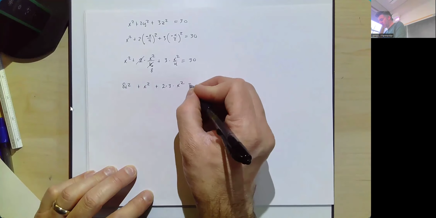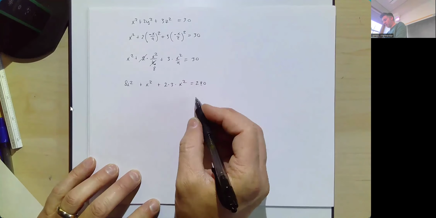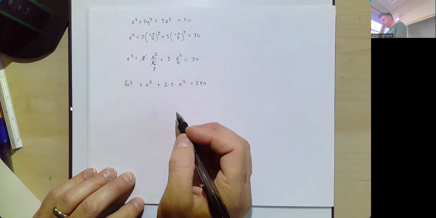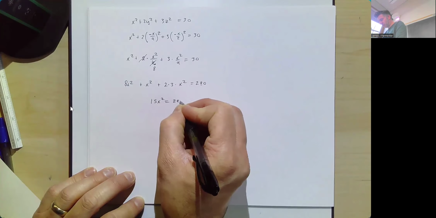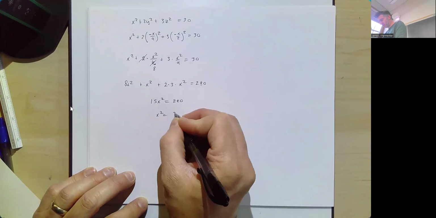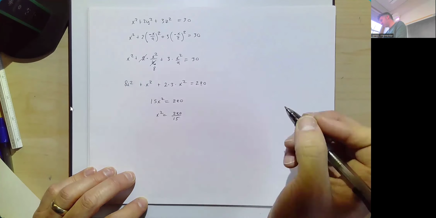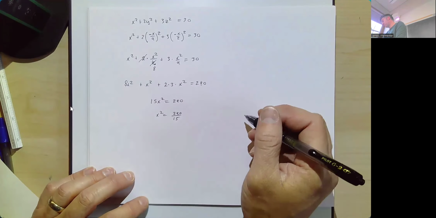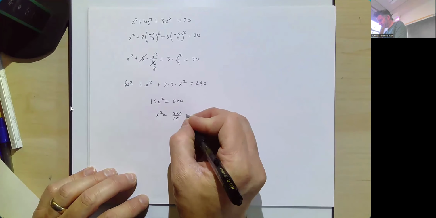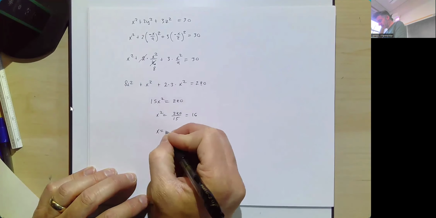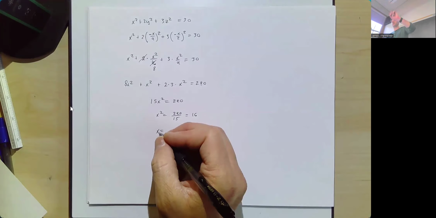And then 8 times 30 is 240. So then 8 plus 1 plus 6 is going to be 15x squared equal to 240. x squared equals 240 divided by 15, which is 16, I think. Yeah, that's right. Which is nice, because then x is going to be not just 4 plus or minus 4.